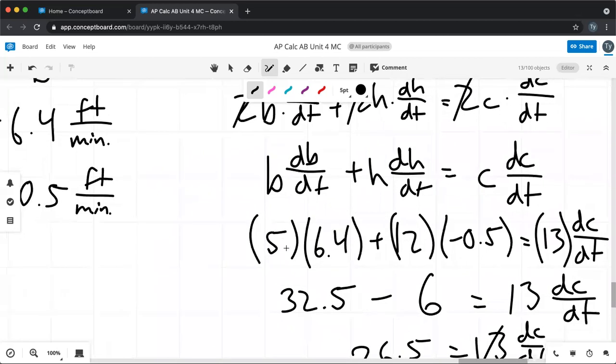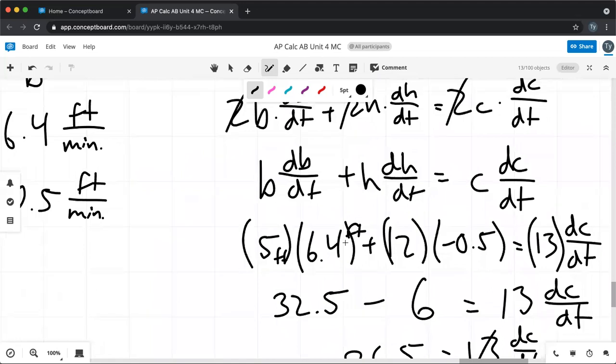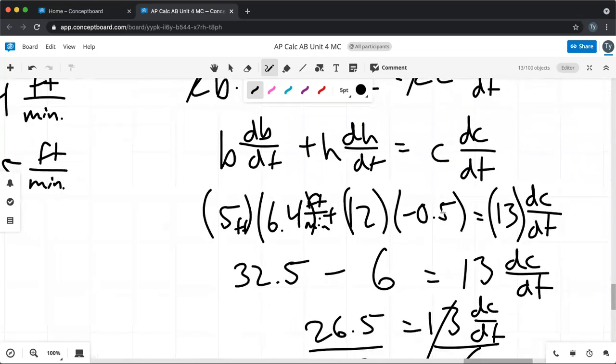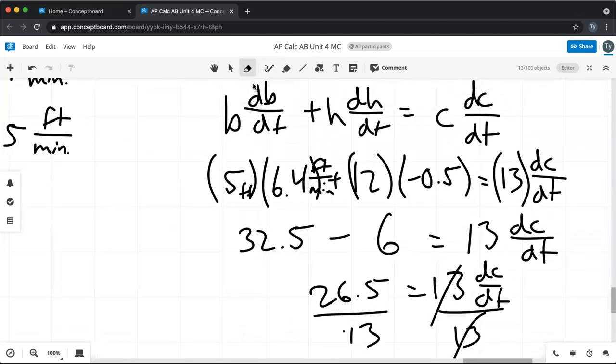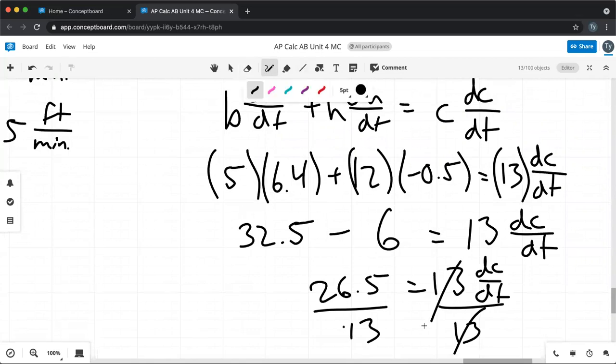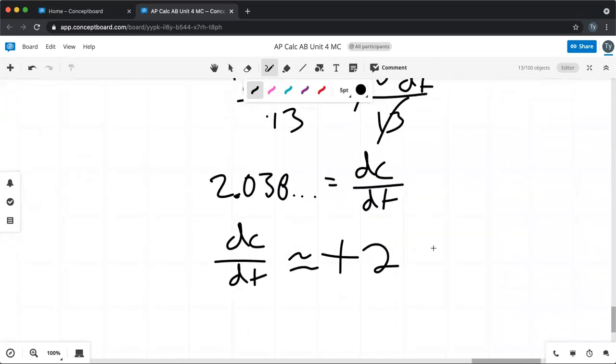So instead of 5, I would have written 5 feet. Instead of 6.4, I would have written 6.4 feet per minute, and so on. And at the end, you would find feet per minute if you did all your cancellation correctly. Okay, so this is in feet per minute.